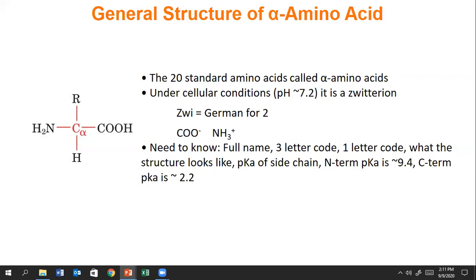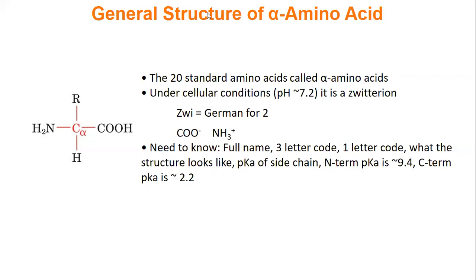Now, to the left here, we have our general amino acid structure. And amino acids are what are called Zwitterions. Zwei is German for 2, ion. So amino acids under normal pH 7 conditions always have 2 charges.